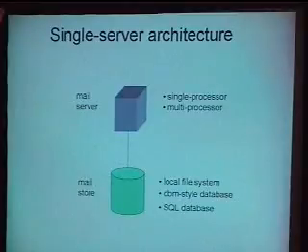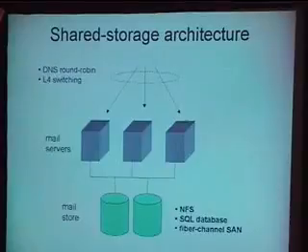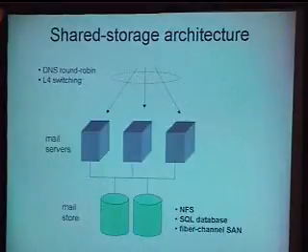Next step up is shared storage architecture. By that I mean that you have several mail servers, you spread the load or the traffic among them, for example, by a level 4 switch or even DNS round robin. But in this case, all 3 servers share the same mail storage. So my mailbox can be accessed from any server here, which is the reason you can use simple load balancing gear in front of it.